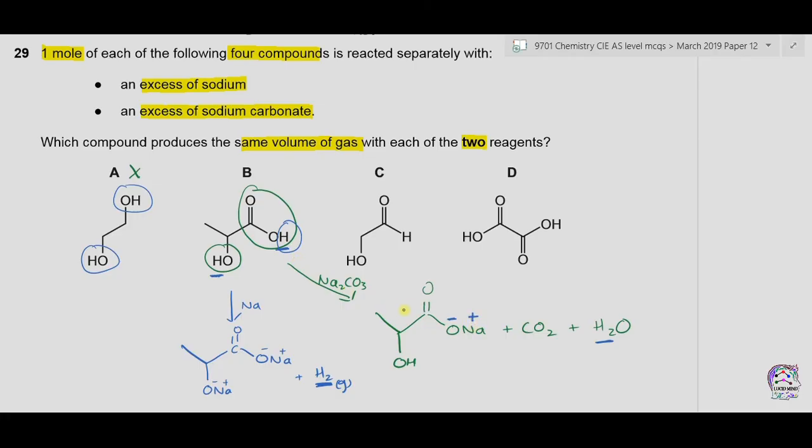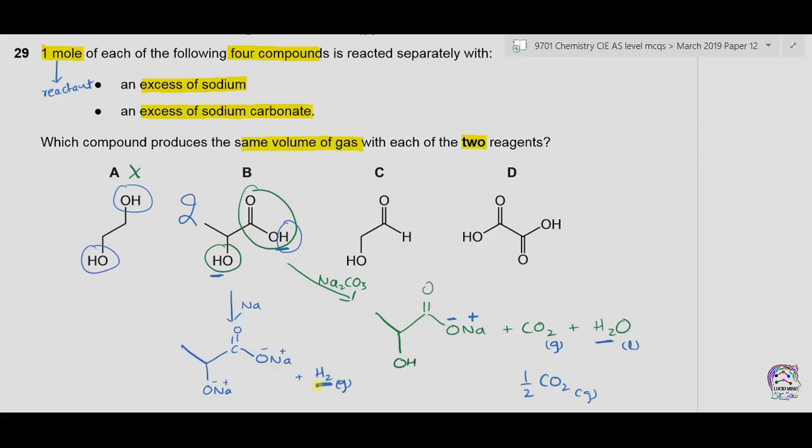So in order to balance the reaction with sodium carbonate we would need 2 moles of B to form H2O. As carbon dioxide is in gaseous form and H2O is in liquid form, we can say that 2 moles of compound B produce 1 mole of carbon dioxide, but in the question they have given 1 mole of reactant. So 1 mole of compound B will give half a mole of CO2.